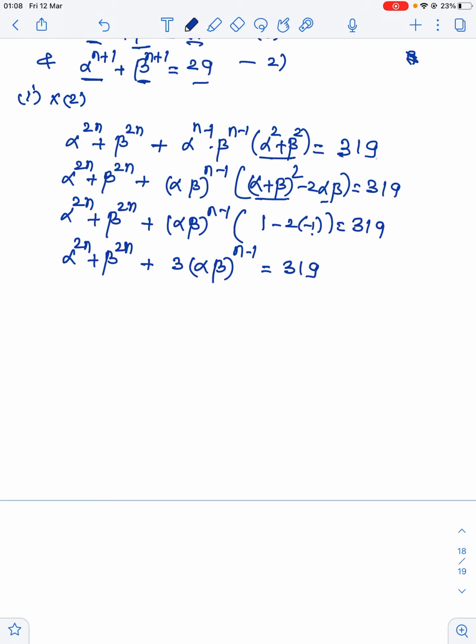So we need alpha beta to the power n, so we can have alpha to the power 2n plus beta to the power 2n minus 3 alpha beta into alpha beta to the power n minus 1, that is basically divided by alpha beta, but alpha beta is equal to minus 1, so this is the same, 319.